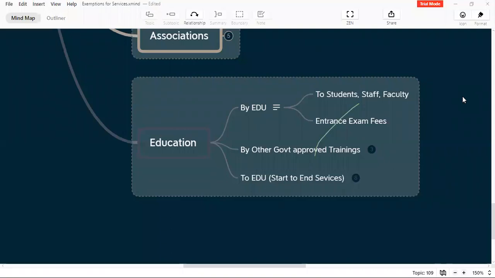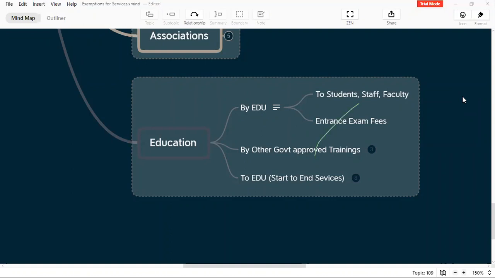Because when we say educational institution and when we say educational service, it means any service provided by an educational institution leading to a degree recognized under the law. Now, what you pay as registration fees is necessary for you to get the degree, which is the CA degree, recognized under the ICA Act.